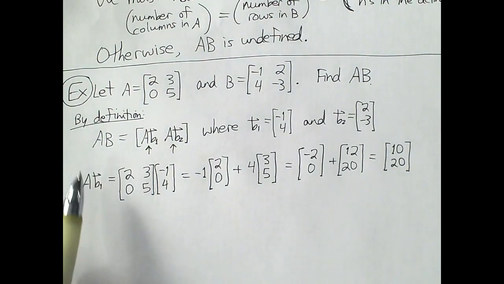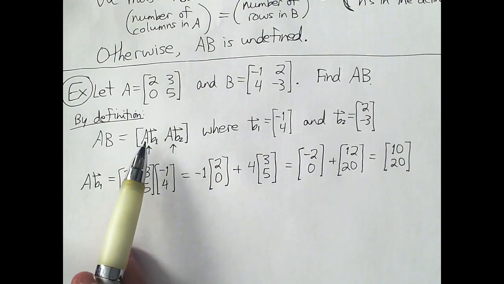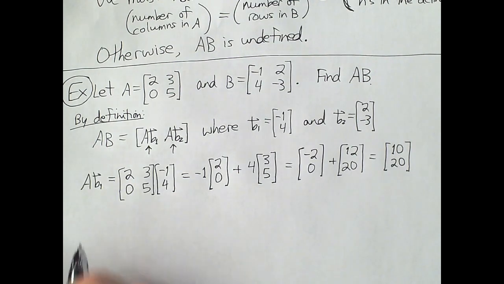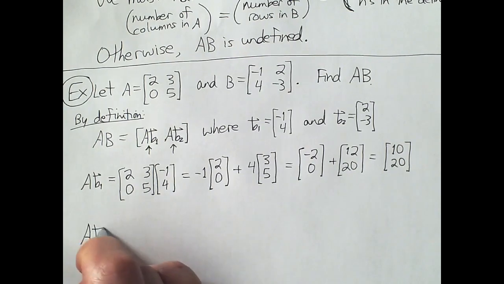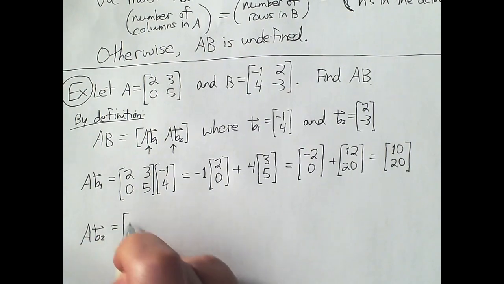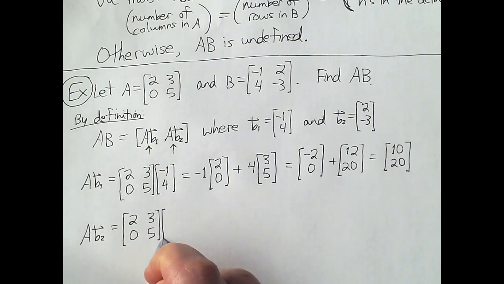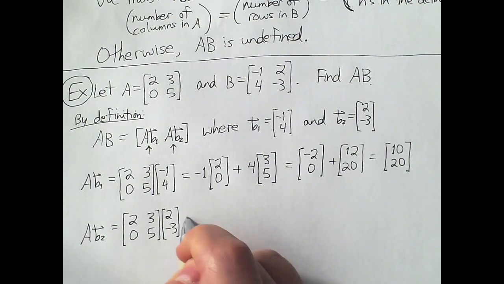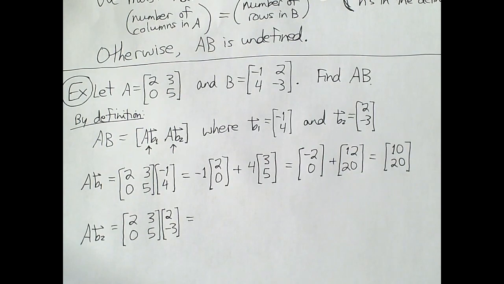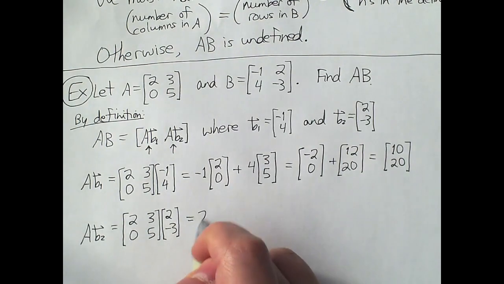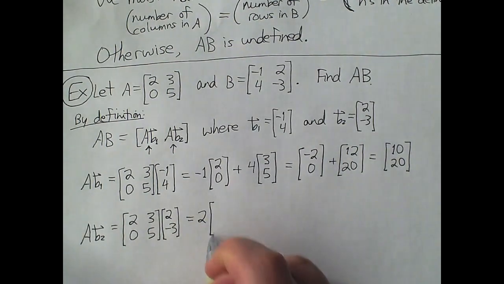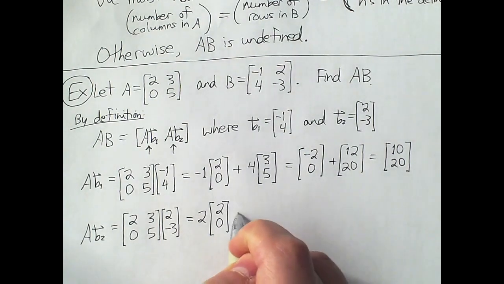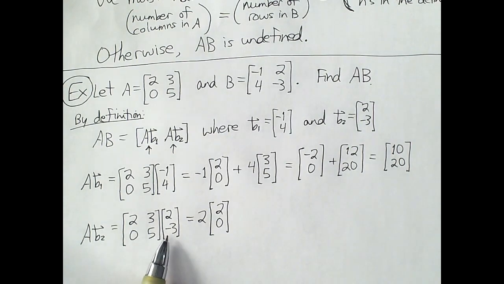That's half of the answer, because the total answer we're looking for is going to have AB1 and AB2. We just found AB1. So now let's do the same thing for AB2. So AB2, it has the same A, 2305. Just B2 is 2, -3. Okay, so first entry of the column vector times first column of A plus, we're going to do plus -3, right?